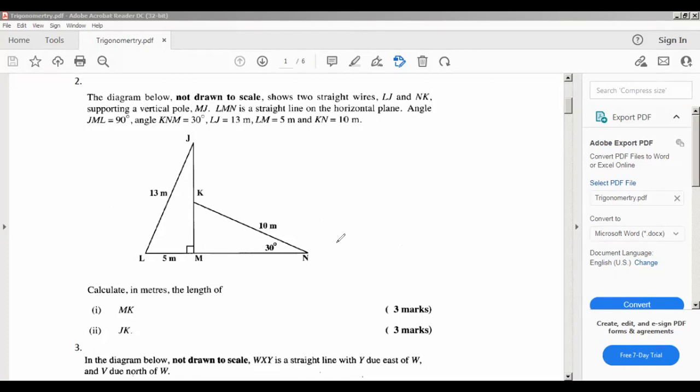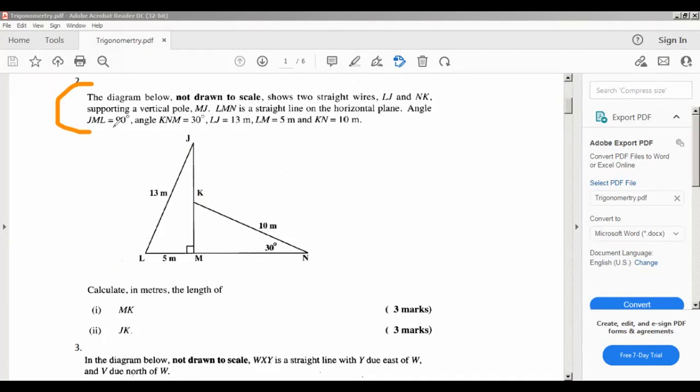All right, so it shows two straight wires. So basically it's like a pole, like a light post. You ever notice the light posts are supporting wires, to hold them up?